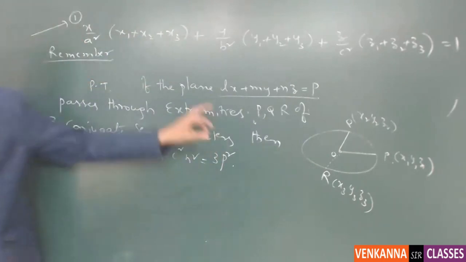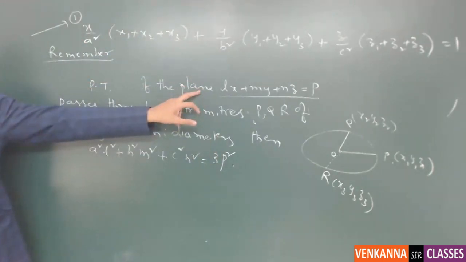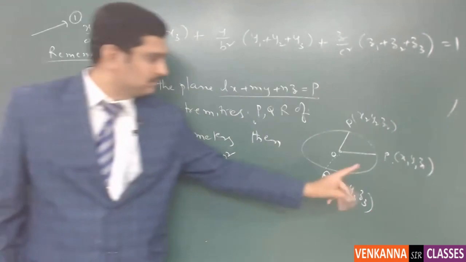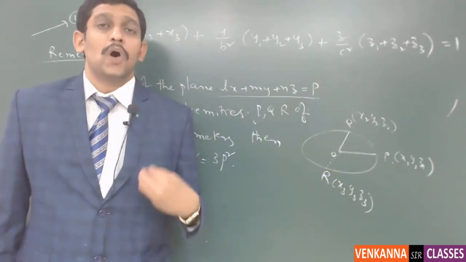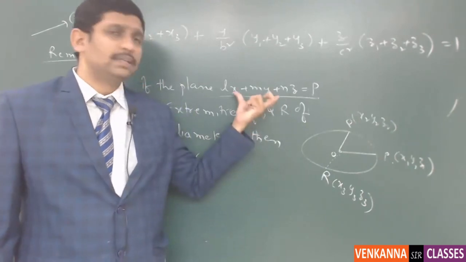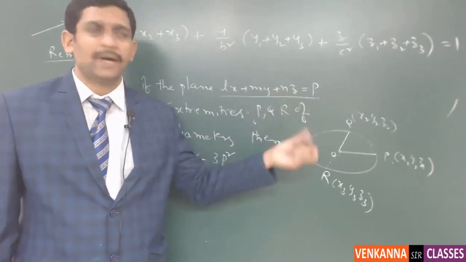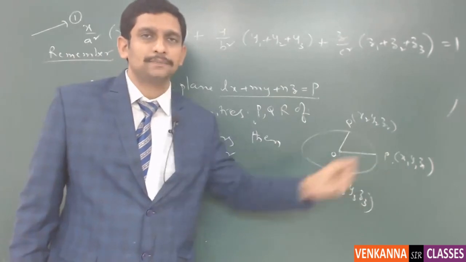Suppose this is the plane passing through the 3 points P, Q, R. So obviously, this plane will be satisfied by the 3 points.